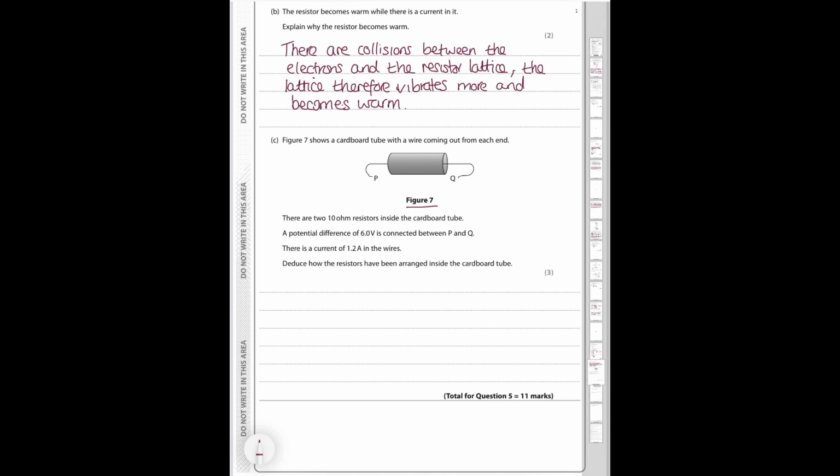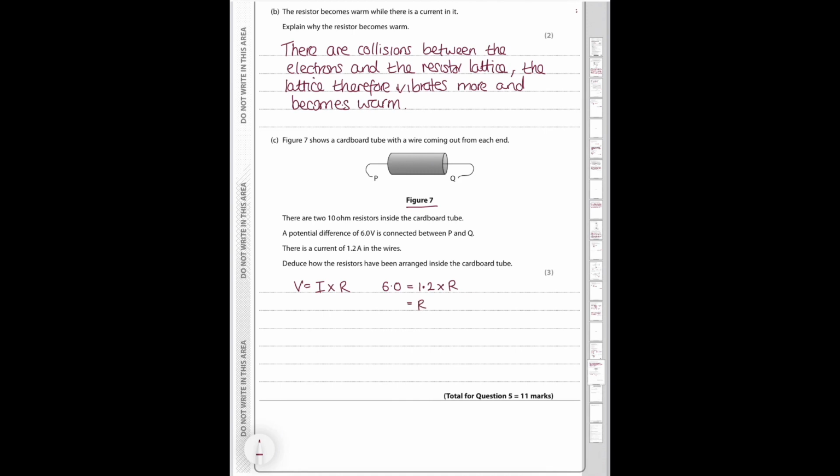So what this means is we've got to work out, are the resistors in series or are they in parallel? So first of all, we know that voltage is current times resistance. So to work out the total resistance, we would have our voltage, which is 6 volts, equals our current, which is 1.2, times the resistance.